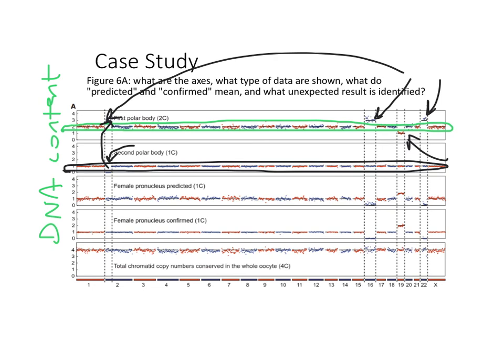Why isn't that the same for a chromosome like 16 or 22? So chromosome 16, we just have to make sure that in the 3 cells we're looking at, there's 4 of all of them. So when we look at the actual, circling here in black, female pronucleus confirmed, that's when they destroyed the oocyte and looked at its DNA content. Would you use that oocyte, last question, would you use that oocyte to fertilize?